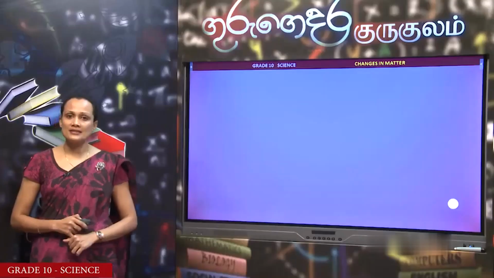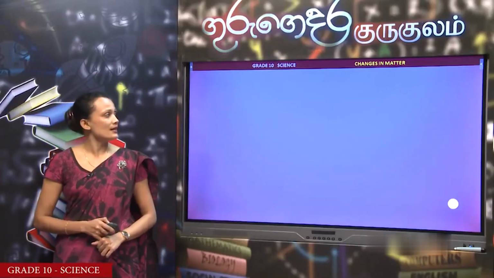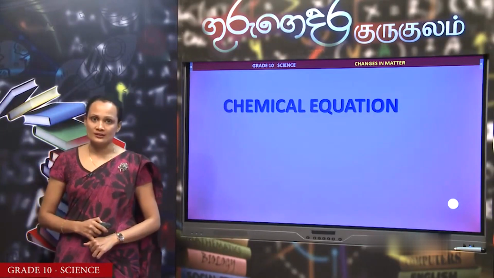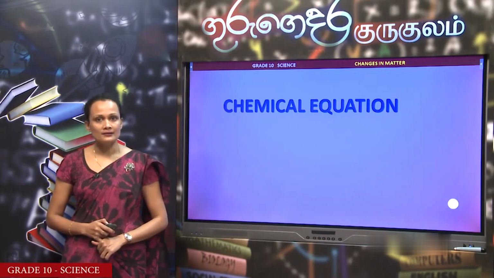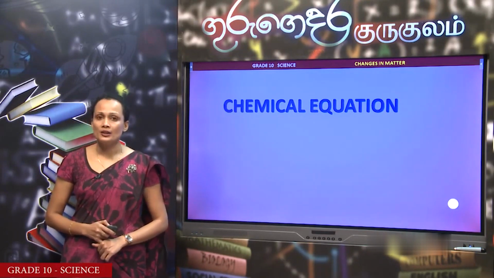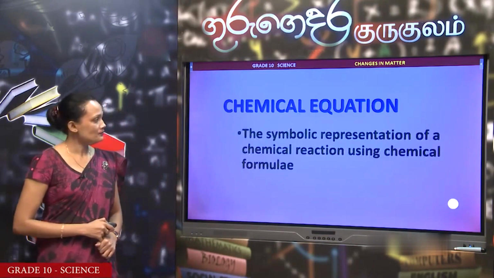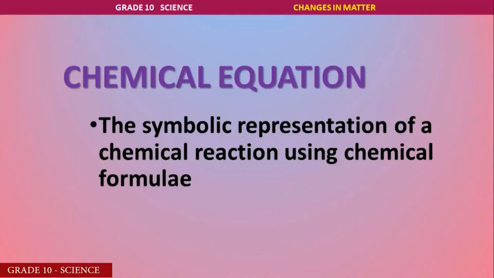Another way of representing a chemical change is chemical equations. That means the reactants and products are represented by using their chemical formulas. Here, the symbolic representation of a chemical reaction using chemical formulas.